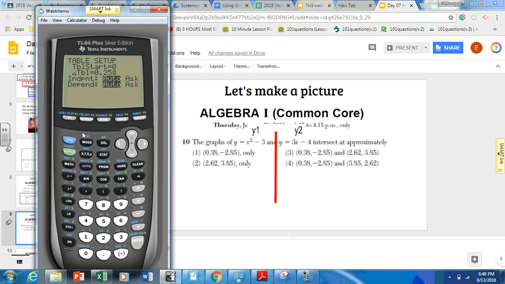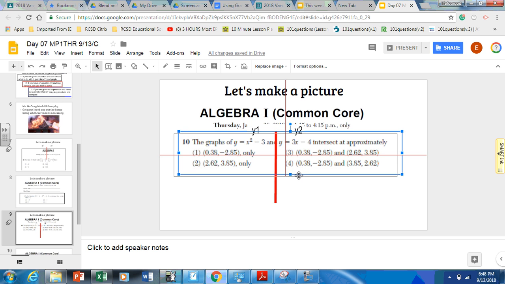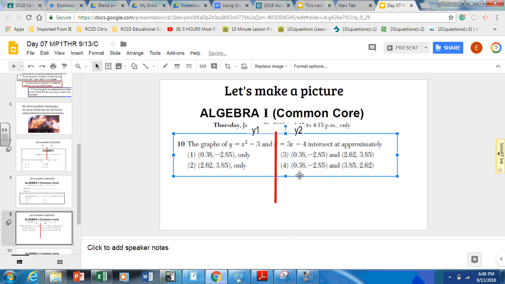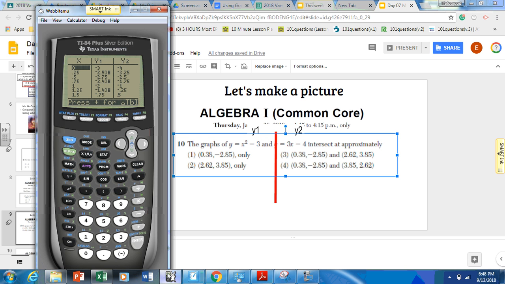Okay, then I'm going to go back to table, second table. All right, so I'm interested in what's the deal? What's the deal when X is 2.62 and 3.85? That's really what I'm looking for.